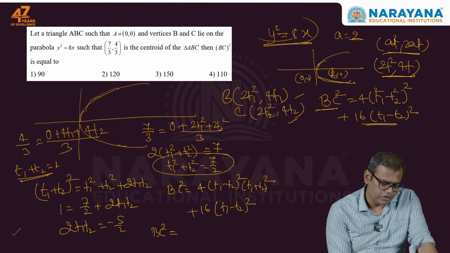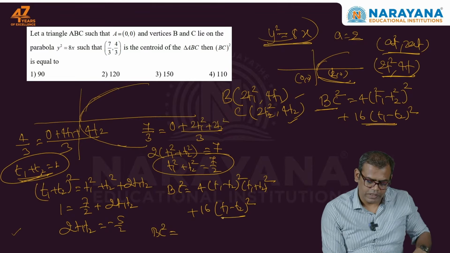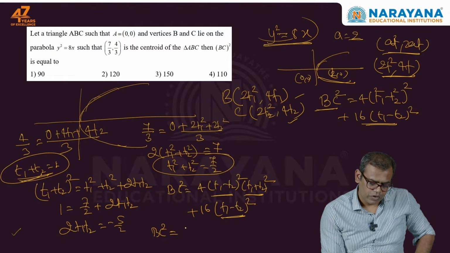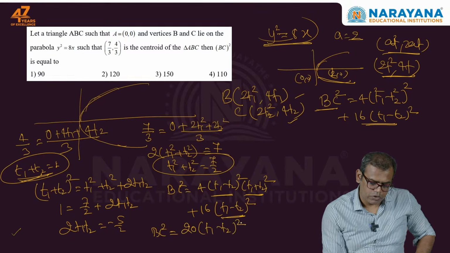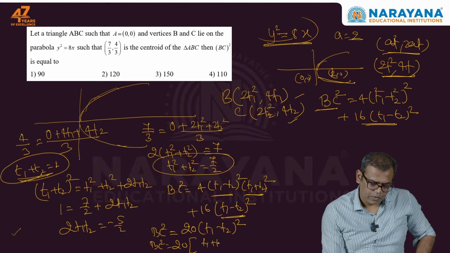We have t1 plus t2 as 1. So this 2 will become this and this will be left, because square of 1 is 1. So it's 20 into (t1 minus t2) whole square. So BC square is equal to 20, and we can write (t1 plus t2) whole square minus 4t1t2.